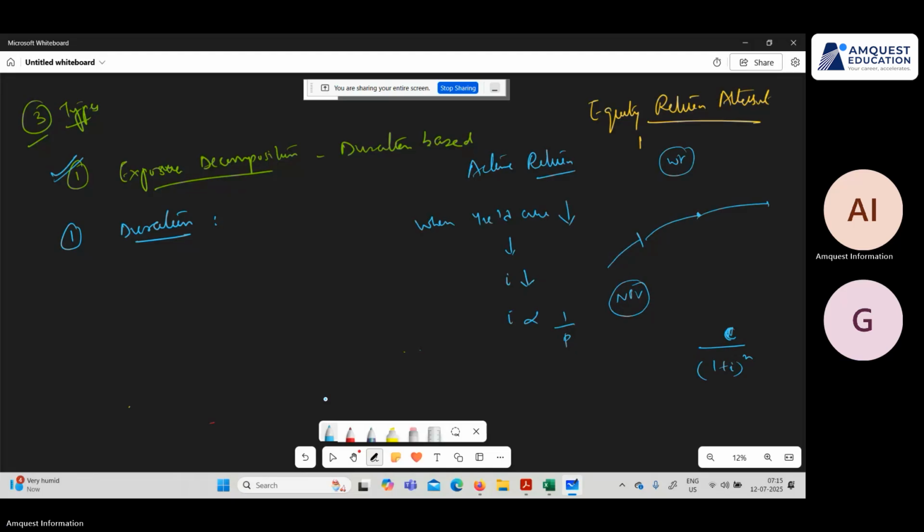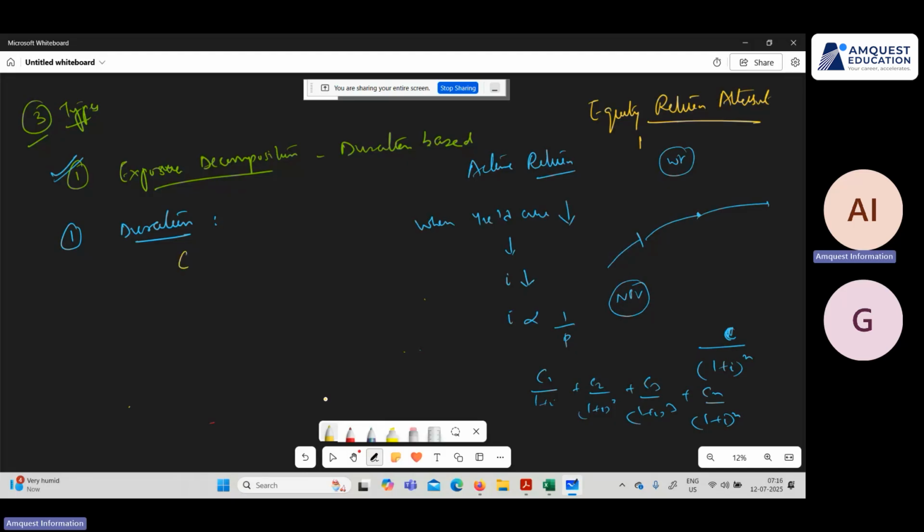So basically C1 upon 1 plus I, plus C2 upon 1 plus I square, plus C3 upon 1 plus I cube, and then Cn upon 1 plus I to the power n. Right? So can I say that the longer maturity bonds, basically think about this, I'll give you an example.